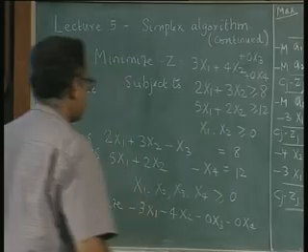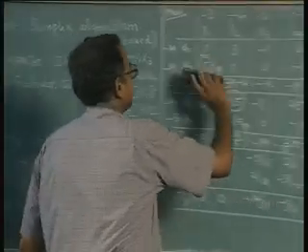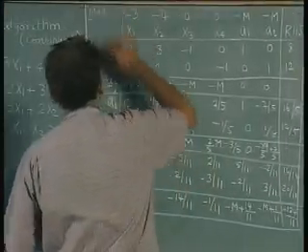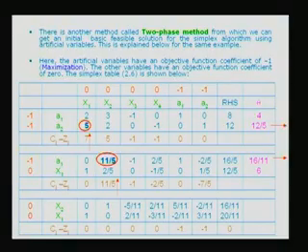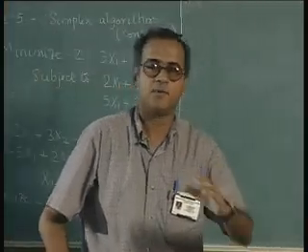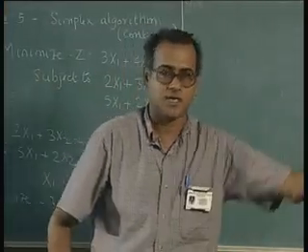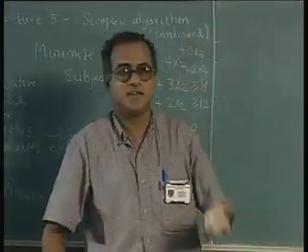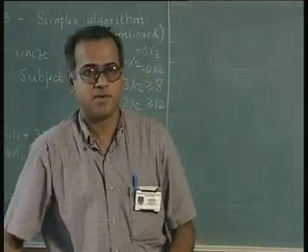Now let us work out the two-phase method with the same example. In the two-phase method, we are going to solve the problem in 2 phases. In the first phase, our idea will be to send all the artificial variables out, and then in the second phase we solve the problem without the artificial variables.